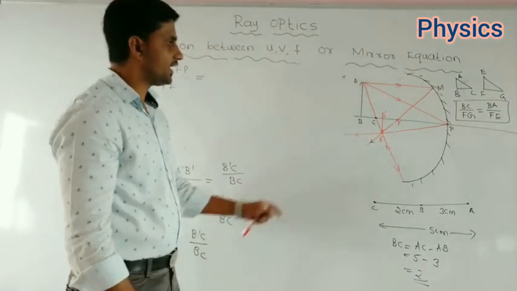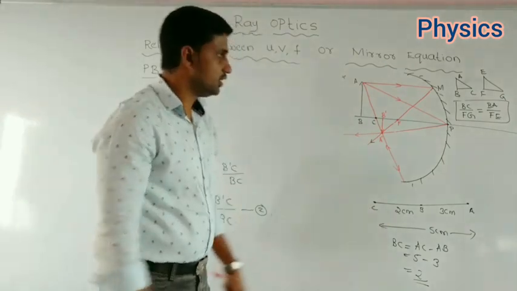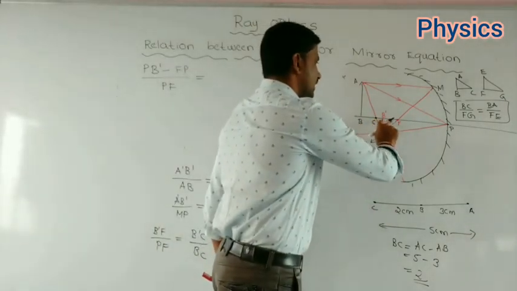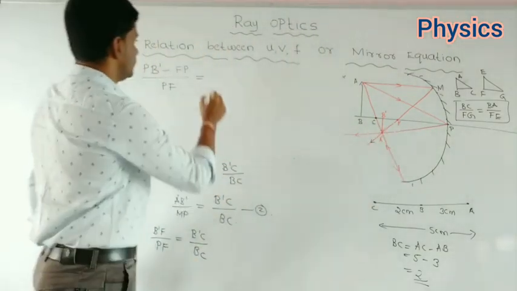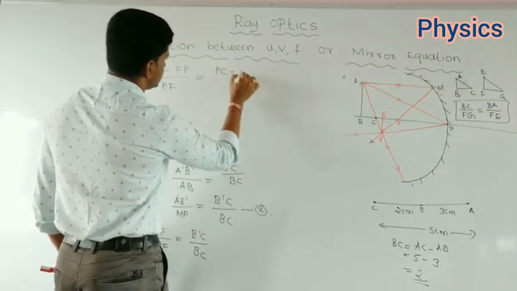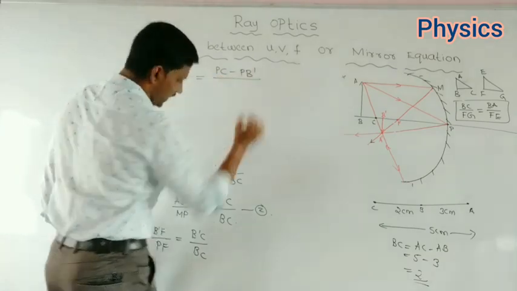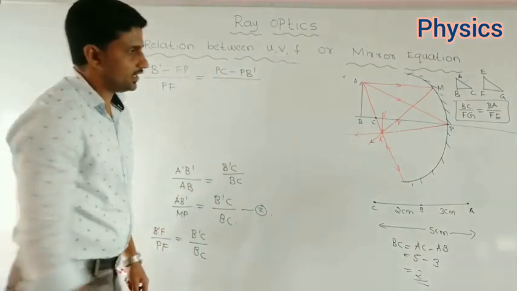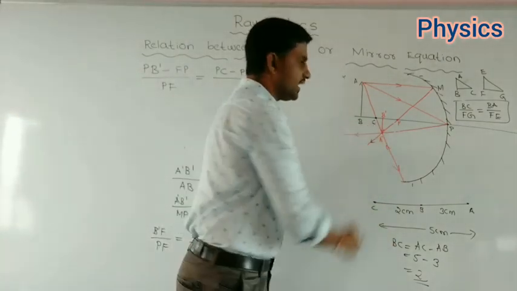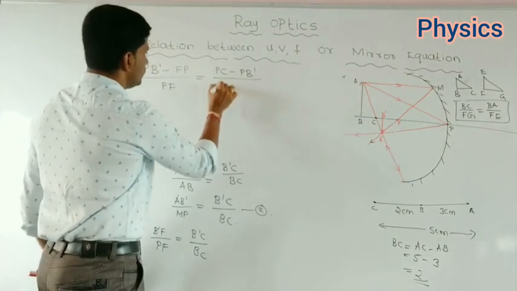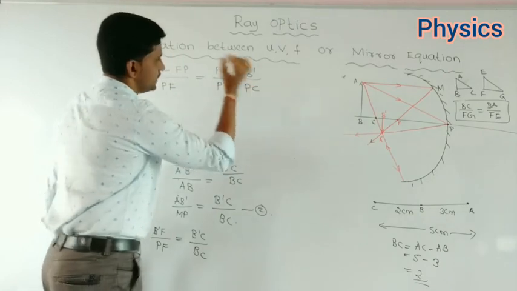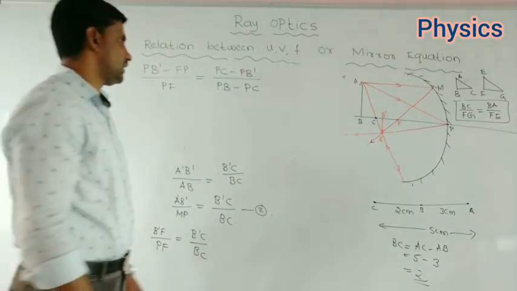Here also I can use the same concept. B dash C I can write as PC minus PB dash, divided by BC. Using the same concept, BC I can write as PB minus PC.